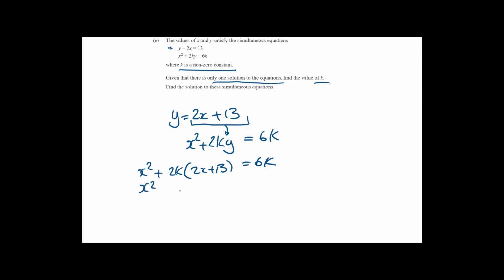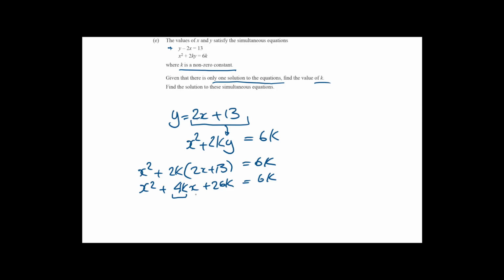We would expand that as x squared plus 4kx. Remember, k is a constant. And 2k times 13 is 26k equals 6k, and this is starting to look like a quadratic.